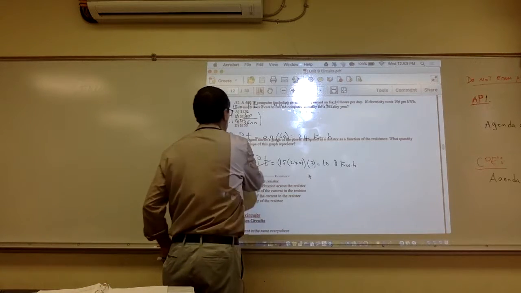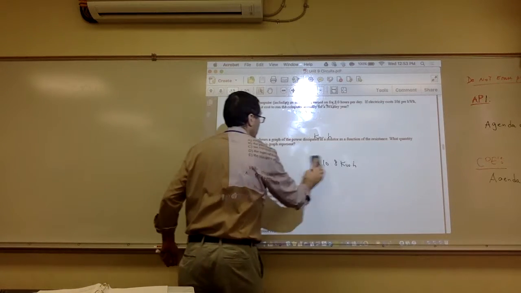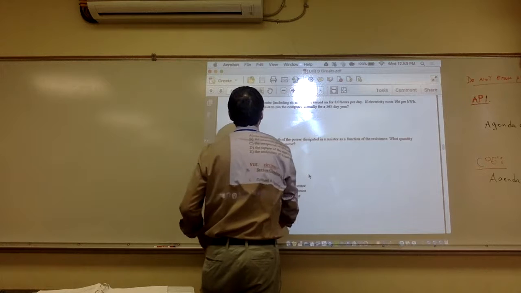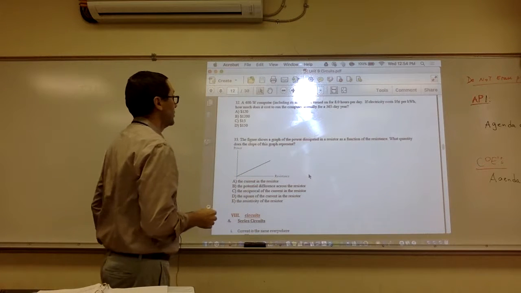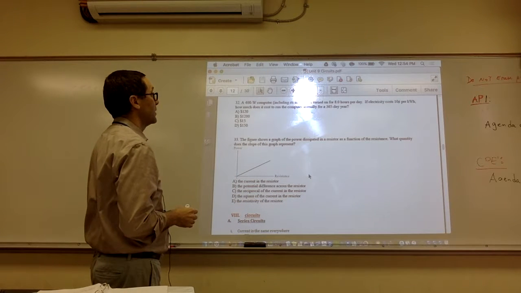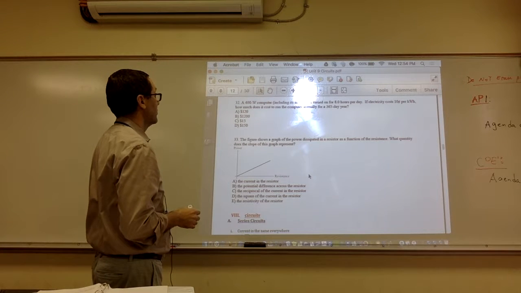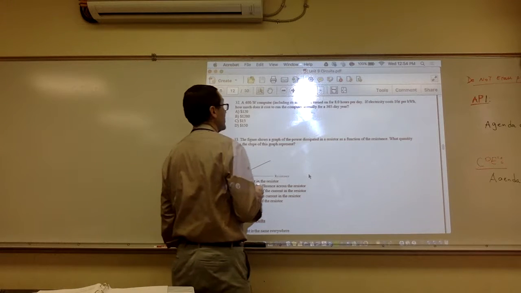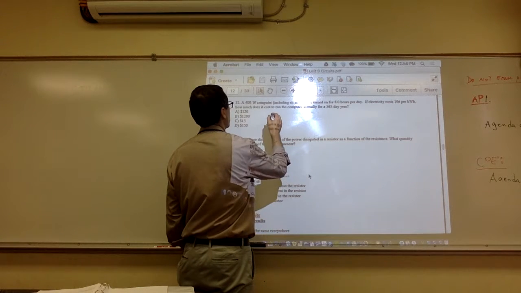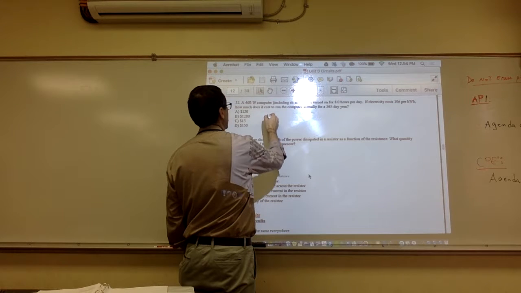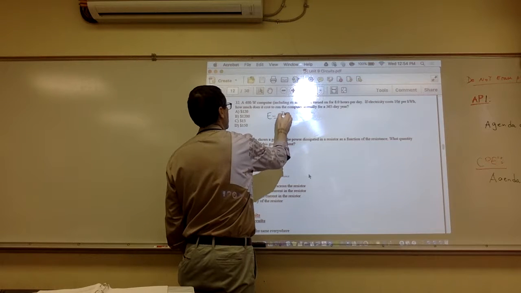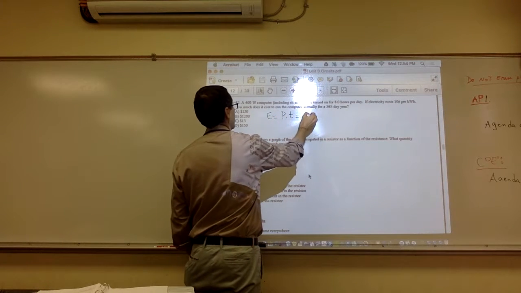Number 32. Okay, the 400-watt computer, including the monitor, is turned on for 8 hours per day. If electricity costs 10 cents per kilowatt hour, how much does it cost to run the computer annually for a 365-day year? So E is PT, power is 0.4.